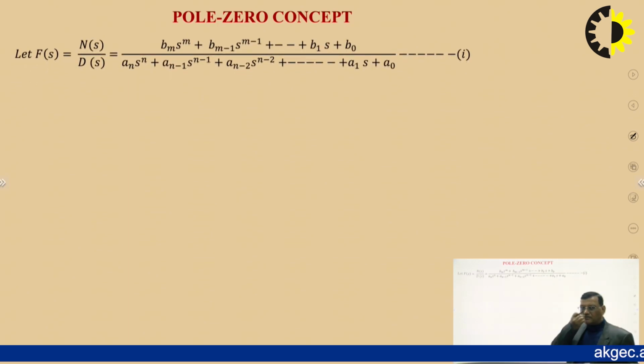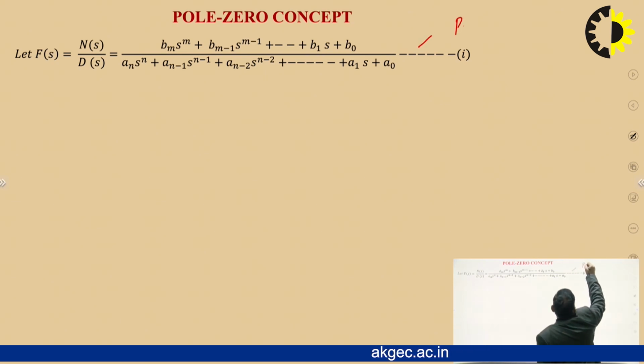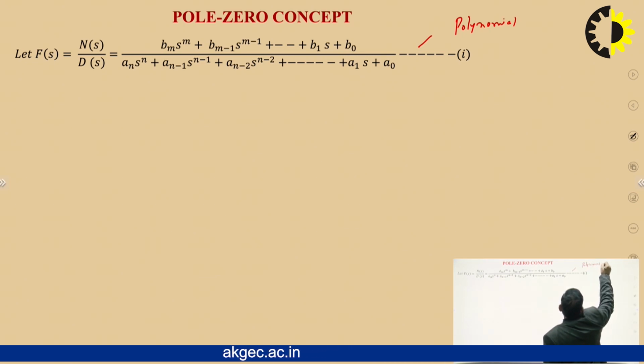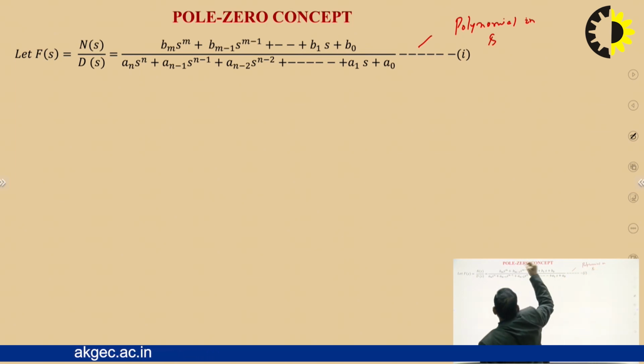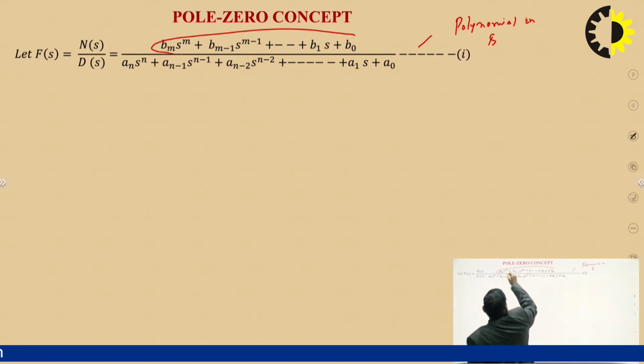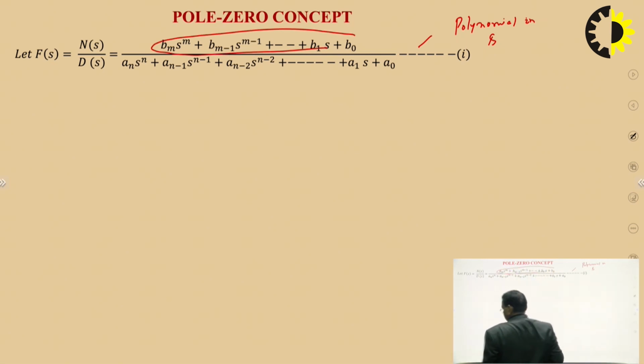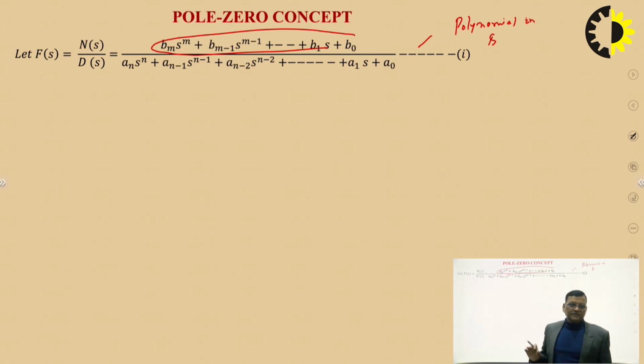Any network function is given in the form of polynomials. This is the polynomial form, polynomial in S. So N(s) upon D(s): this is the numerator polynomial and this is the denominator polynomial. A function is given in the form of polynomials, or a network is given and we are required to find the network function.